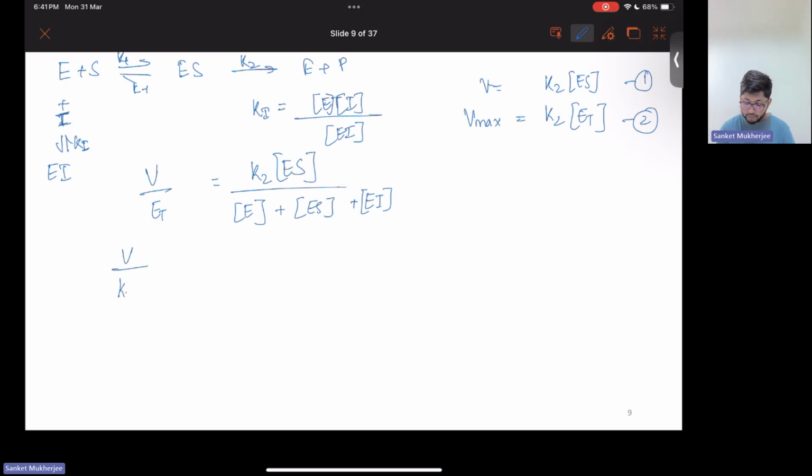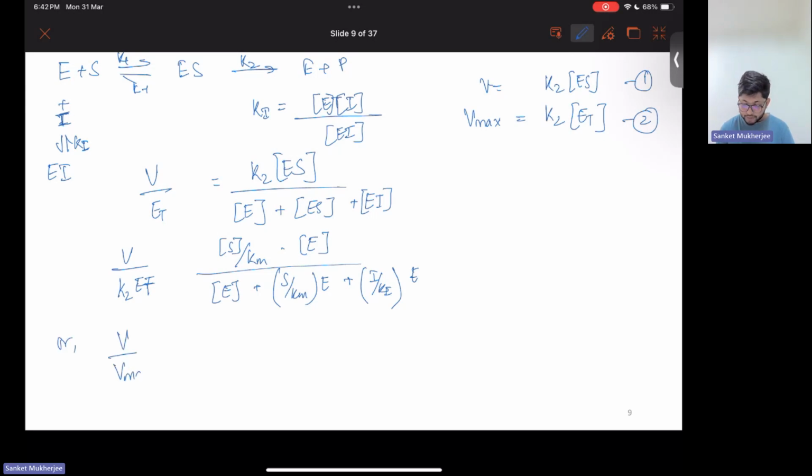So V by K2 into ET will give you S by Km into E by E plus S by Km into E plus I by Ki into E, or we can write V by Vmax is equal to S by Km over 1 plus S by Km plus I by Ki.